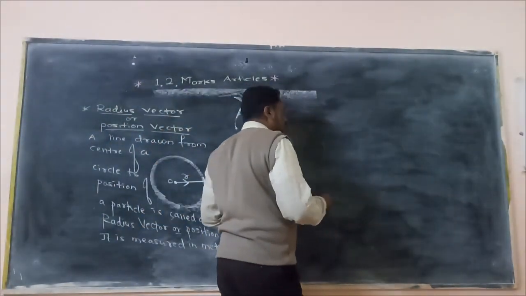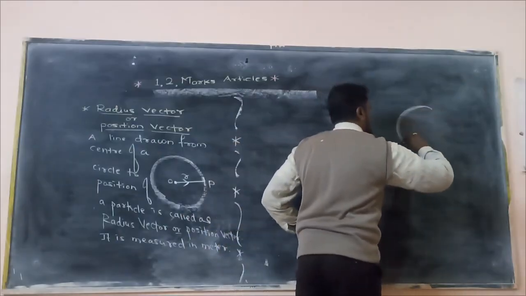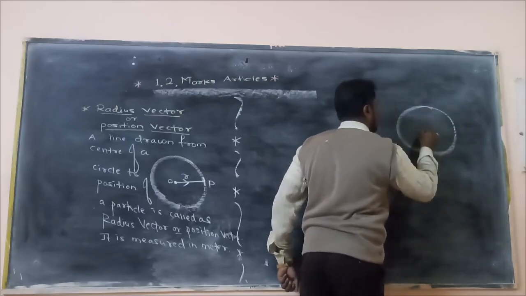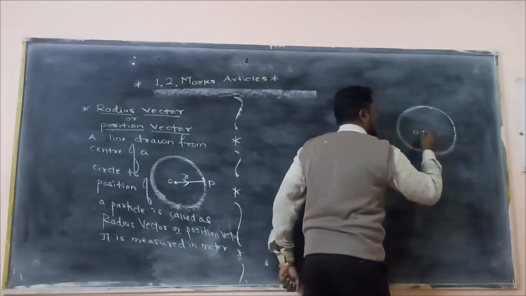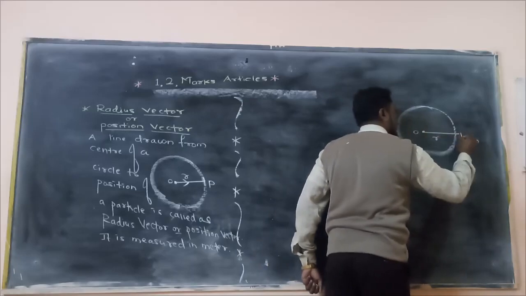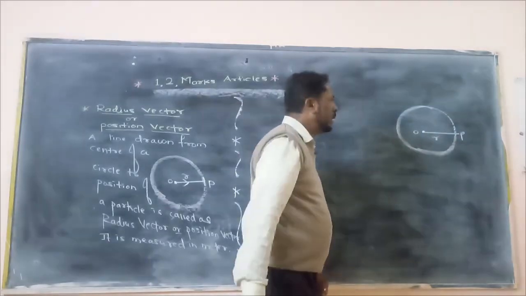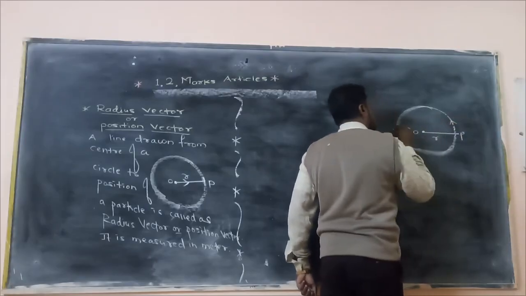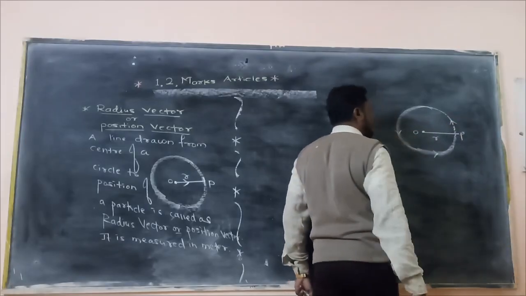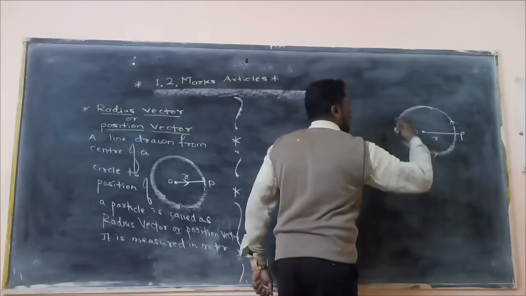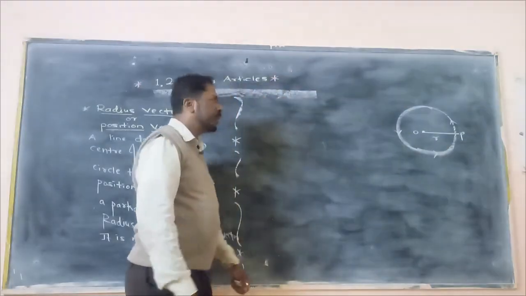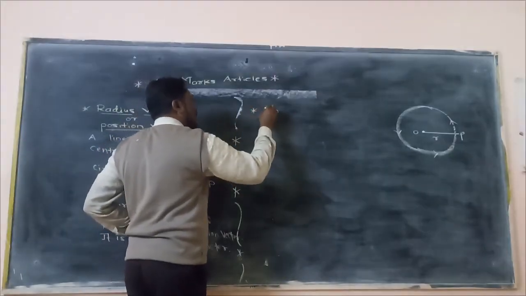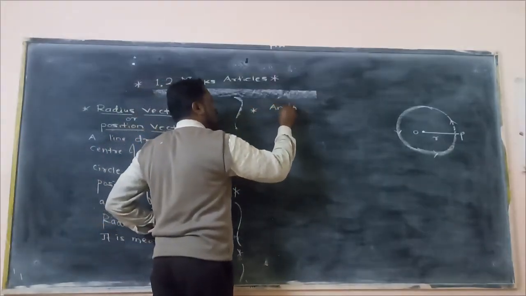Then after that, again consider the same diagram. Let us consider another diagram. You have the center, you have the radius, a point P. Let us consider point P, or a particle or an object, which is moving in the anti-clockwise direction. We are going to discuss the topic called angular displacement.